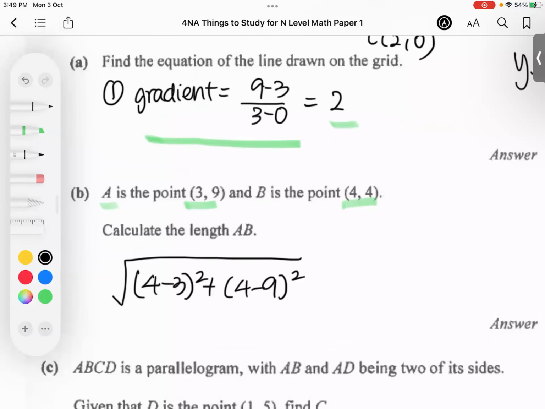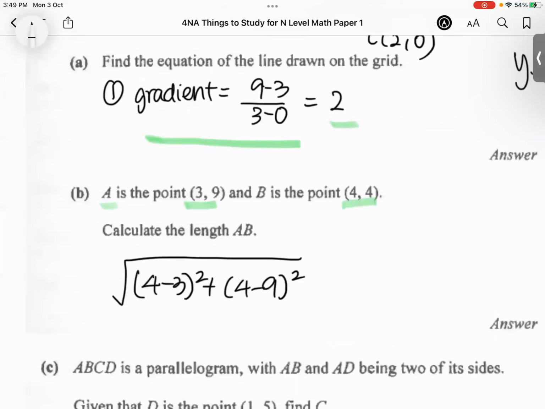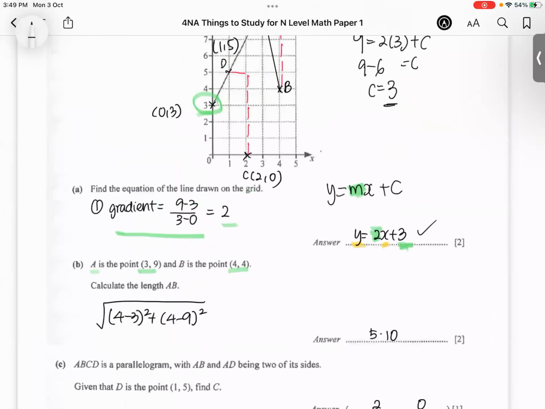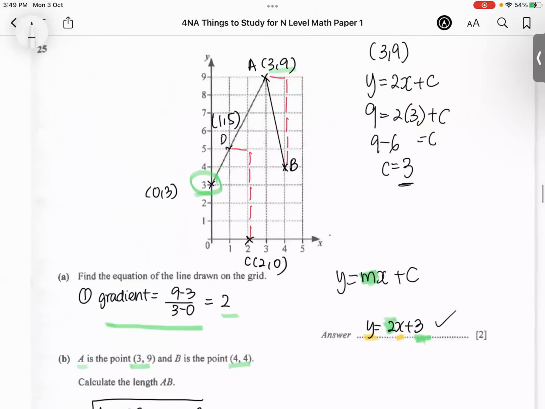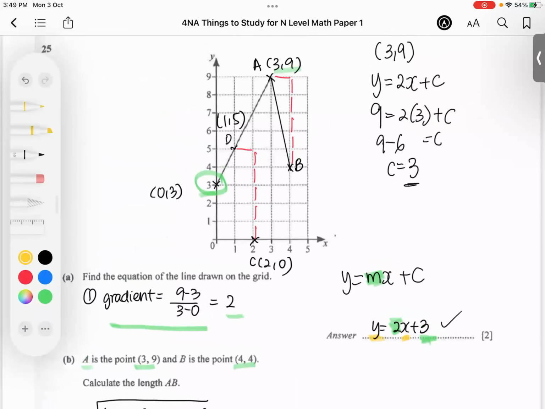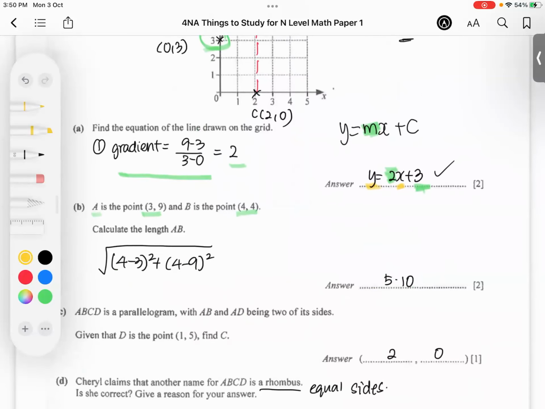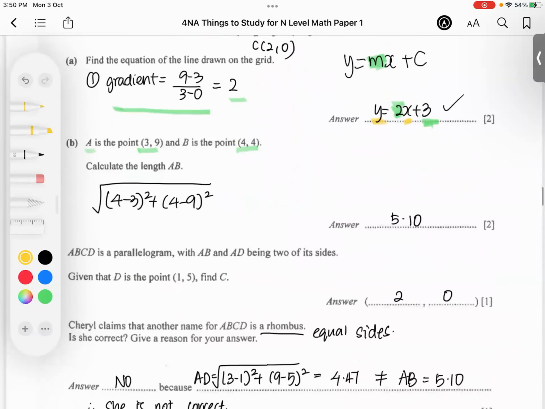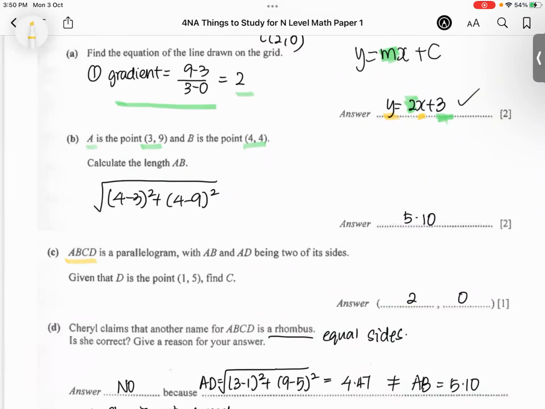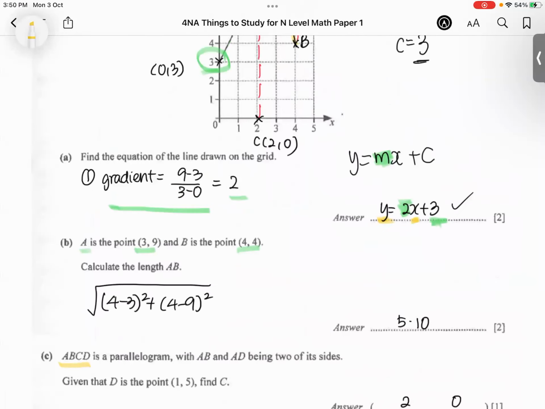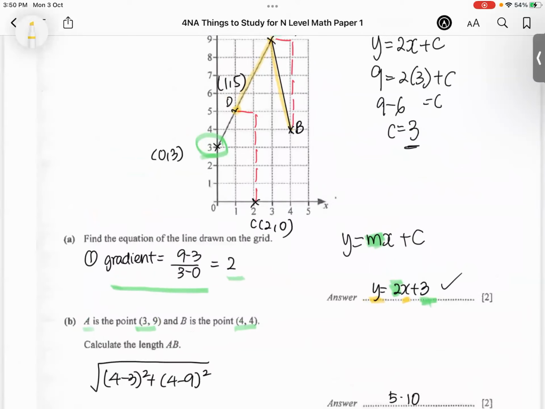So when you are not sure, read the question again. So since I have this diagram over here that looks like that, okay, let me highlight with a different color. So this is A and then this is B. Then they tell me point D is here. So I join up, I get this line. Okay, if I want it to be a parallelogram and there is a certain sequence, A to B to C to D. So A go to B, go down.